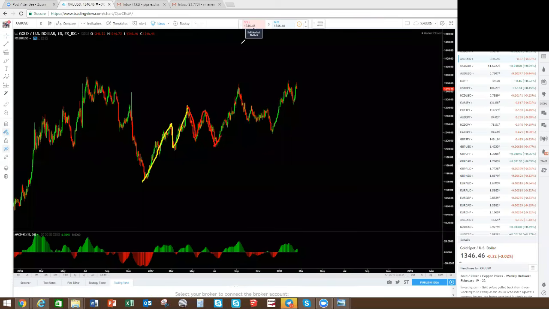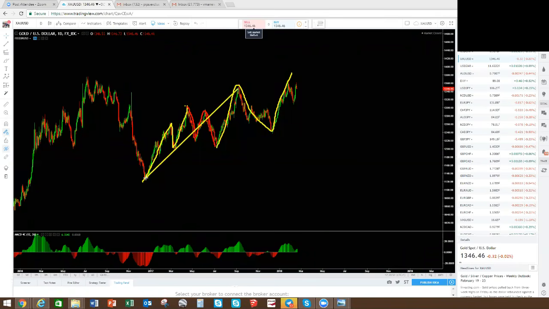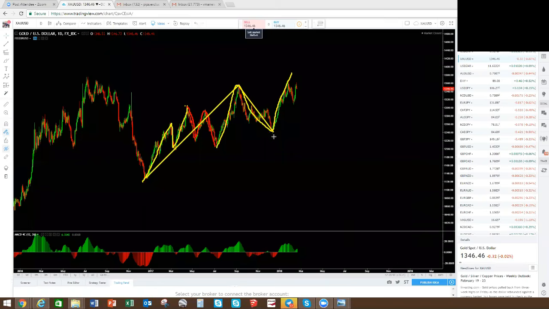The structure has changed slightly and we had to adjust it. Before this, we had this 3-wave move and the biggest correction in the middle. But what has changed now is that this is the highest swing, and the biggest correction is this one. Before, this was your move, and this was your biggest correction.